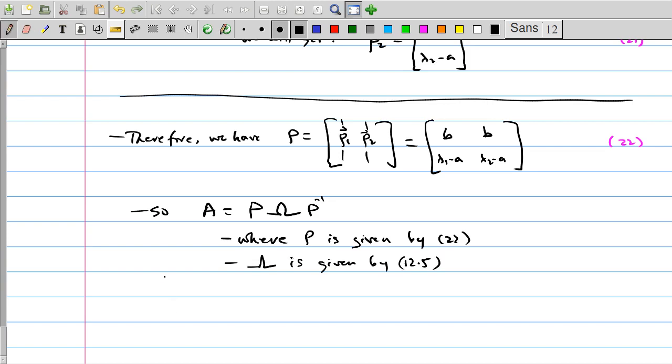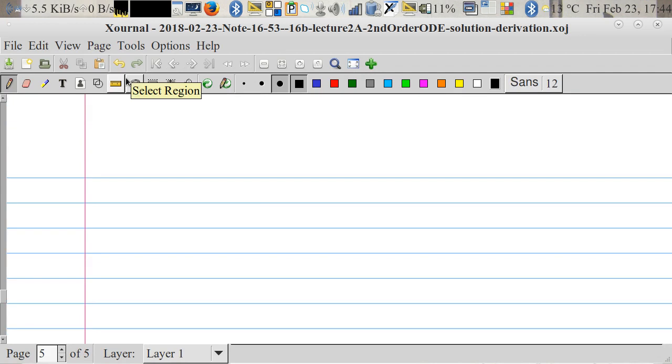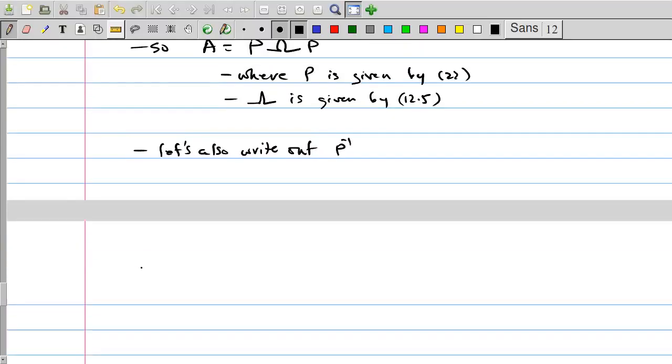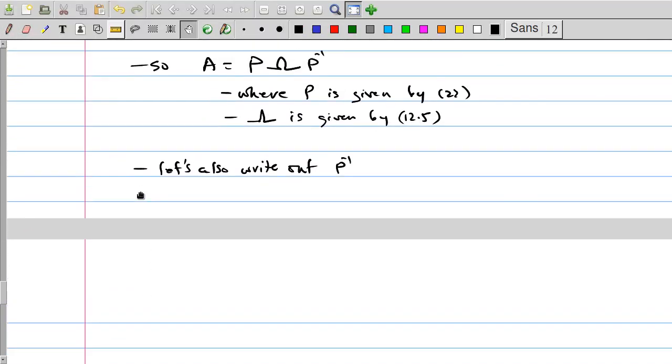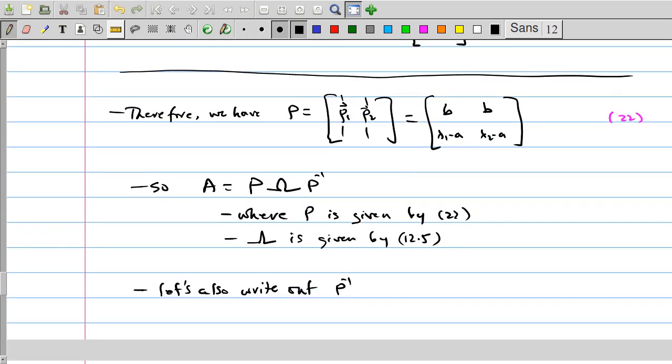And now let's also write out P inverse. Okay, it's a 2 by 2 formula, which I think I actually remember.